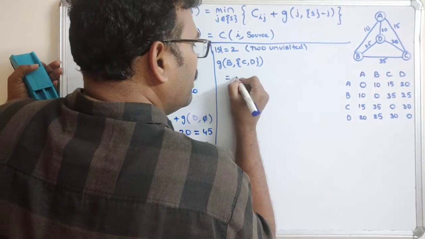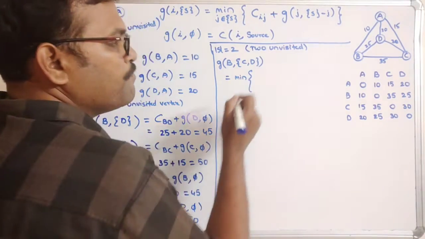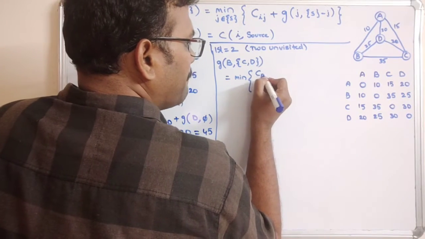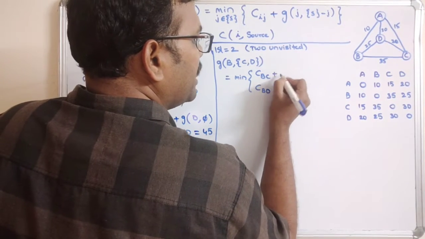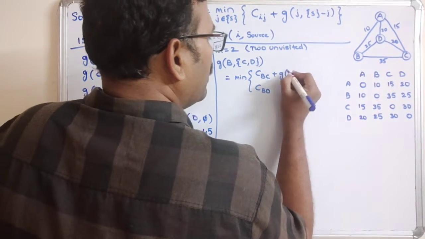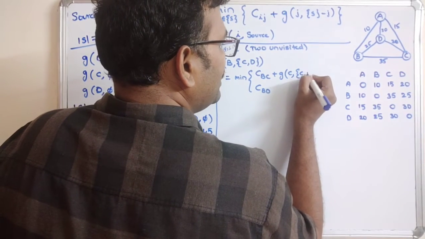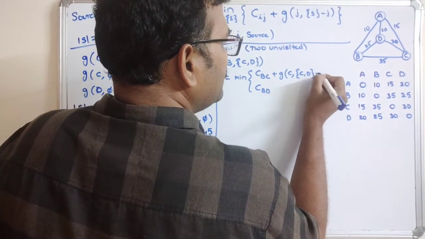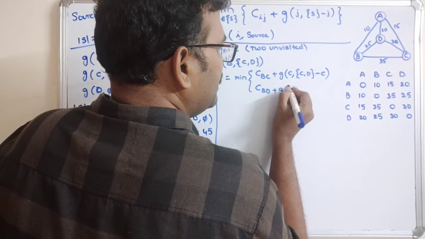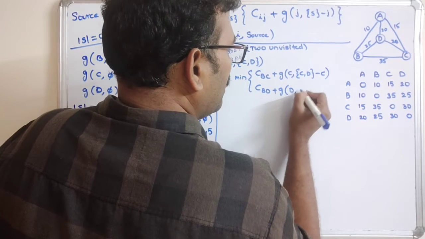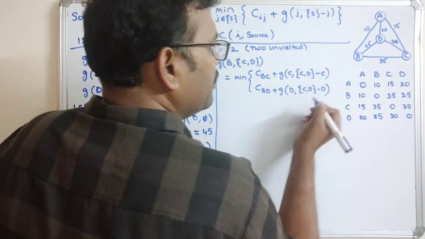Here we can write the minimum of, first, cost of BC plus G of C comma set C comma D minus C, and cost of BD plus G of D comma set C comma D minus D.